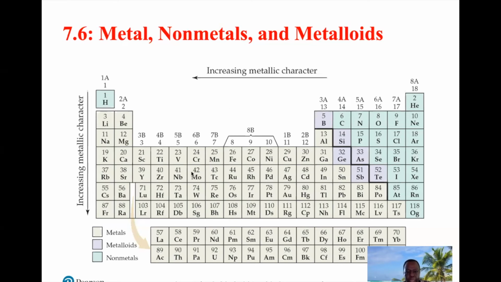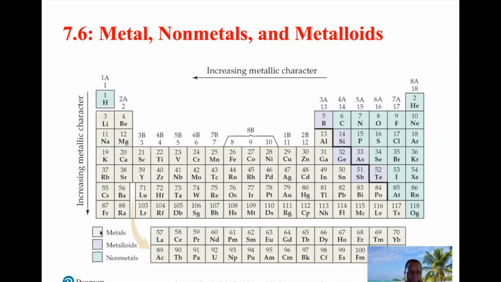I want you to understand that as you go across, the metallic character decreases. But if you are going from right to left, the metallic character increases. So on this side of the periodic table, it's more metallic. On this side, it's less metallic.